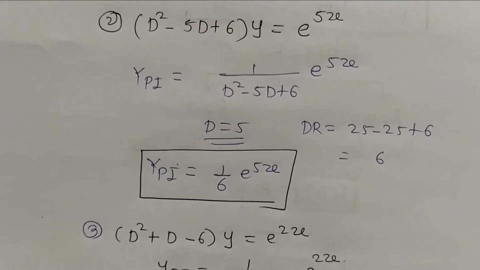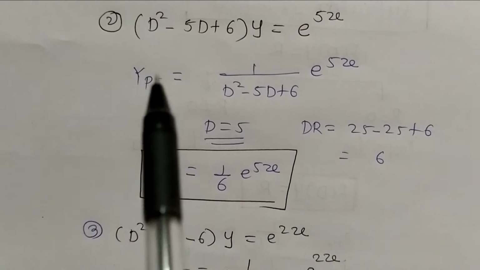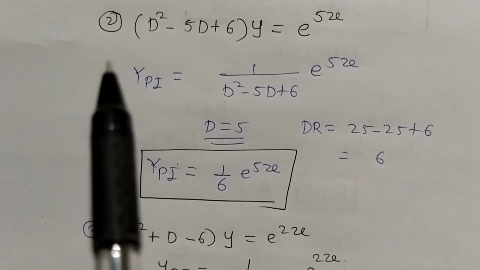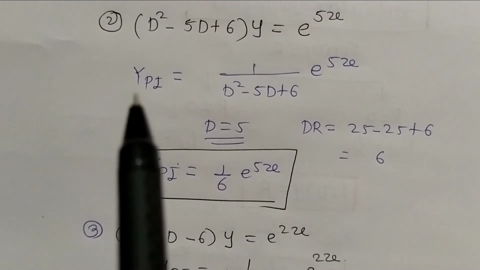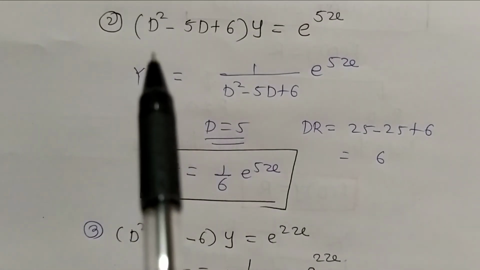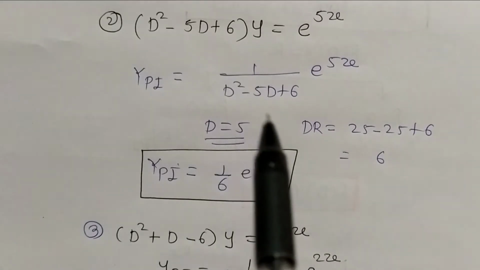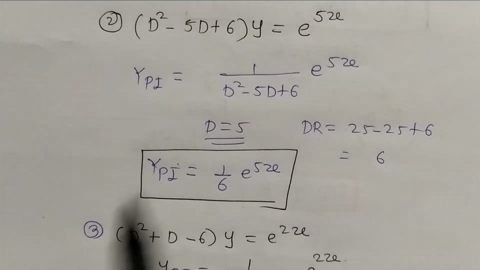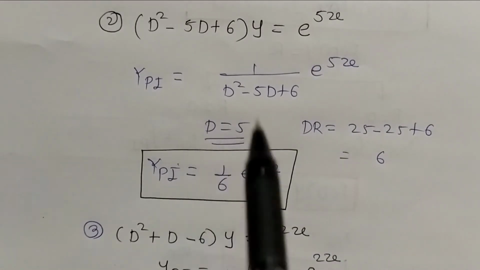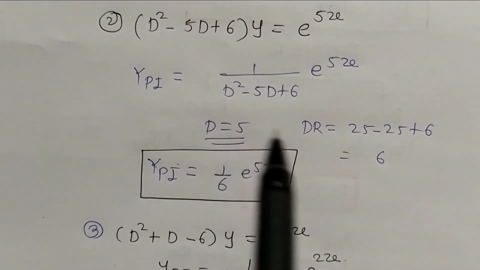The second example is D square minus 5D plus 6 y is equal to e raised to 5x. So the solution of this differential equation is in the form of 1 upon f of D. So 1 upon D square minus 5D plus 6 into e raised to 5x. Here a is 5, so we have to take D is equal to 5 at the denominator.